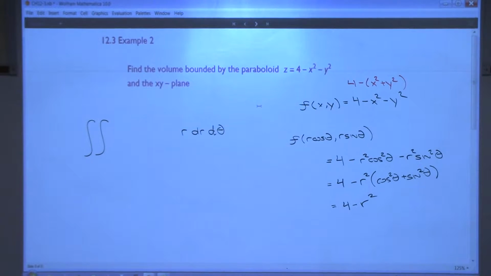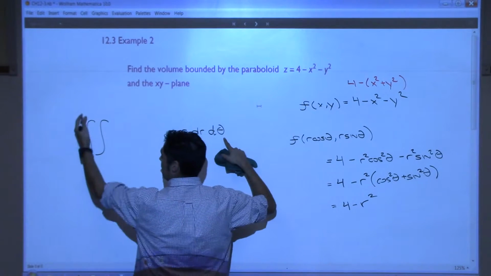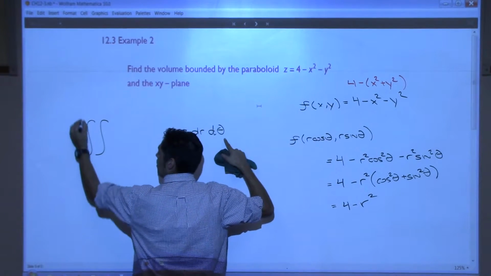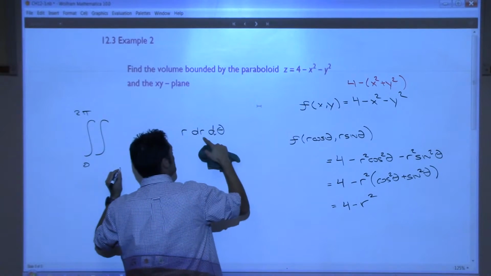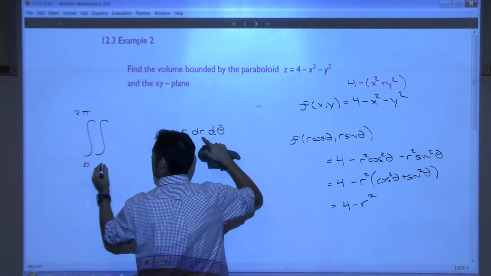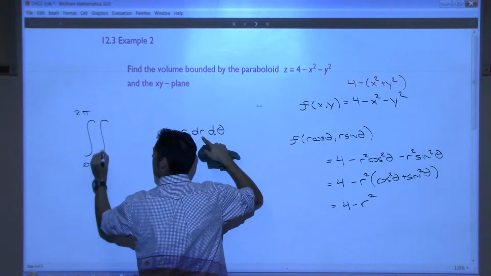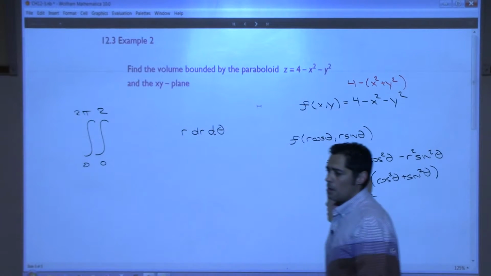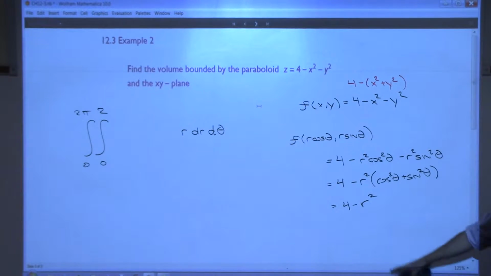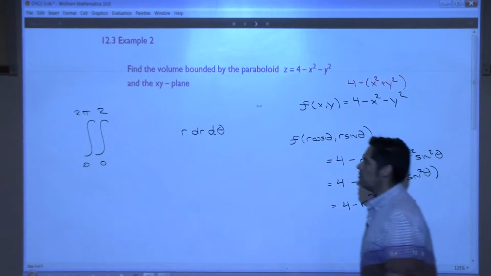Then dr d theta, I have a choice there in the order, but I'm just going to stick with that. That means my theta is going to be the outside limits, 0 to 2 pi. And my radius is the inner integral, so the limits there were 0 to 2. And then what we are integrating, 4 minus r squared.